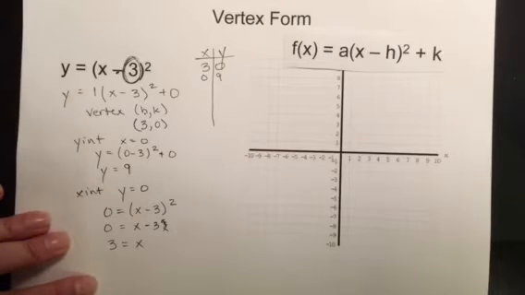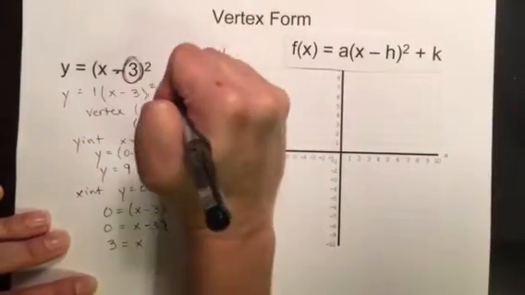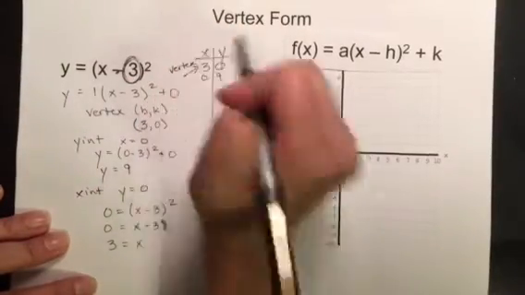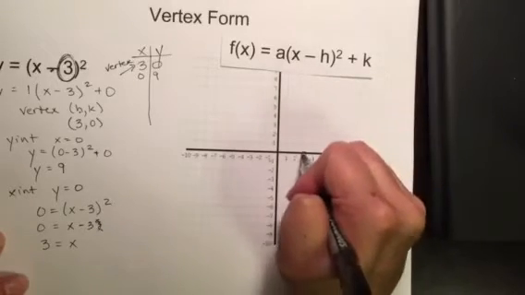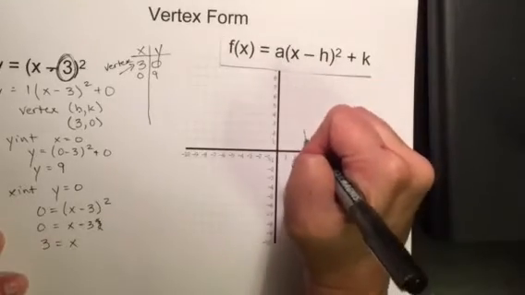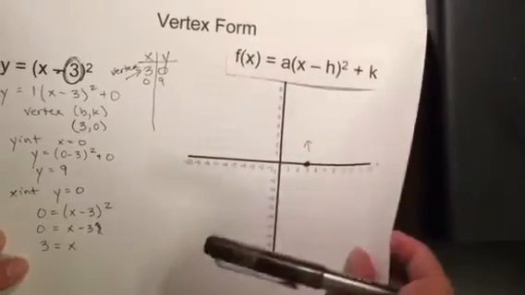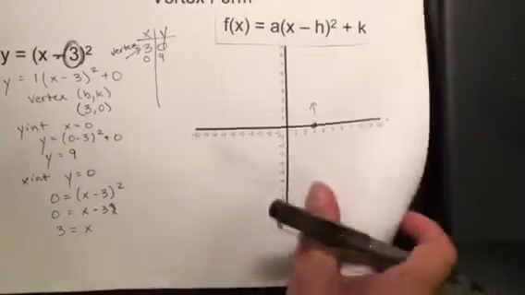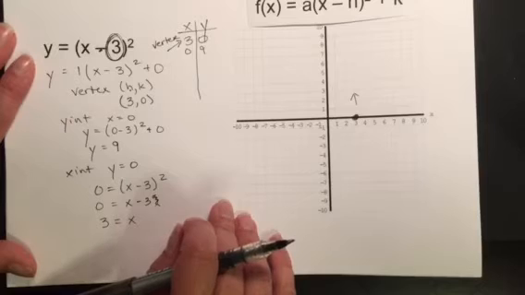And this should make sense because this is the same as our vertex. Our vertex here is at 3, 0, and A is positive, so this is going to be opening up. So there's only one place that this function is going to touch the x-axis.